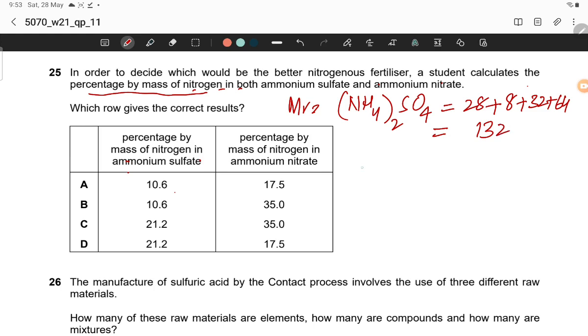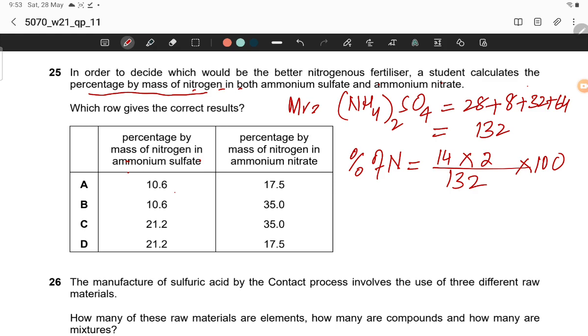The percentage by mass of nitrogen is equal to the Ar of nitrogen, which is 14, multiplied by the number of atoms present in this compound, 2, divided by 132, into 100.